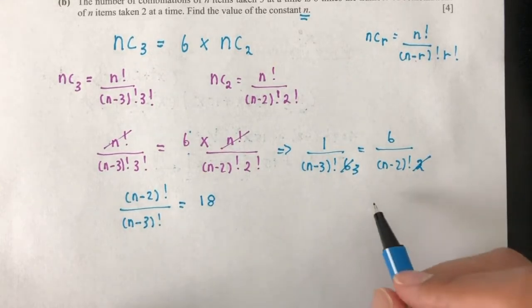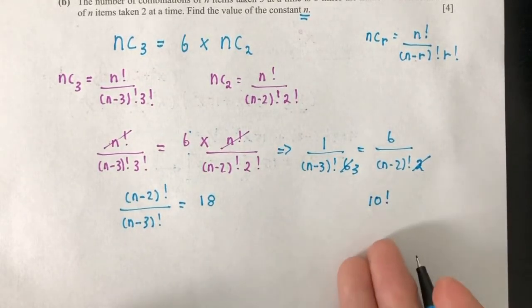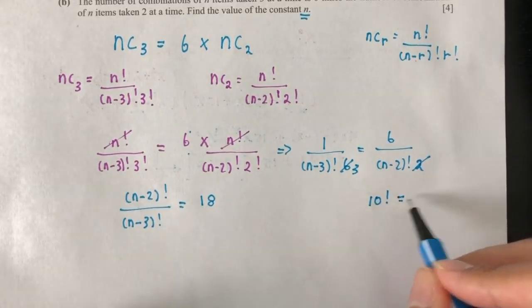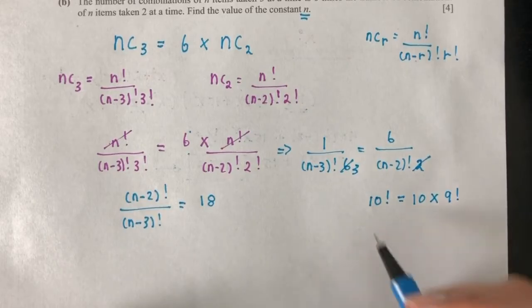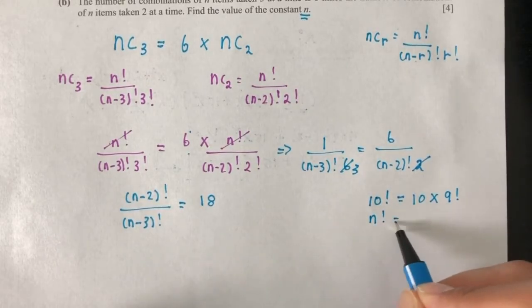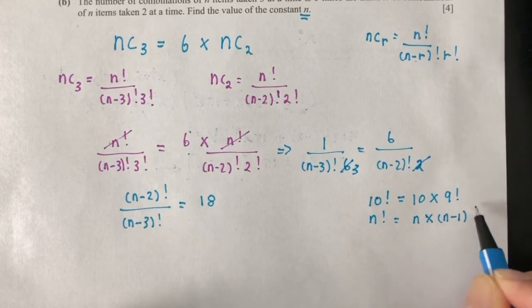If you guys know, for example, let's say we write 10 factorial. What is 10 factorial equal to? It is equal to 10 times 9 factorial. Same thing, if you write n factorial, it is n times n minus 1 factorial.